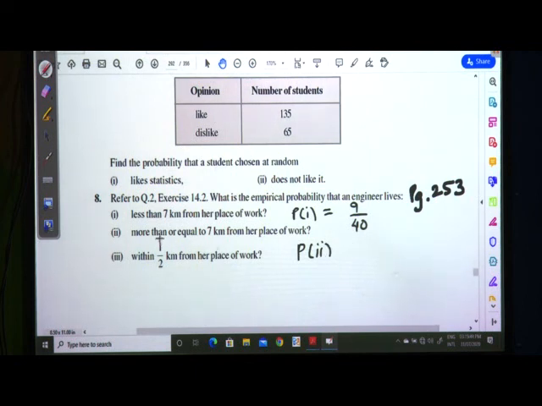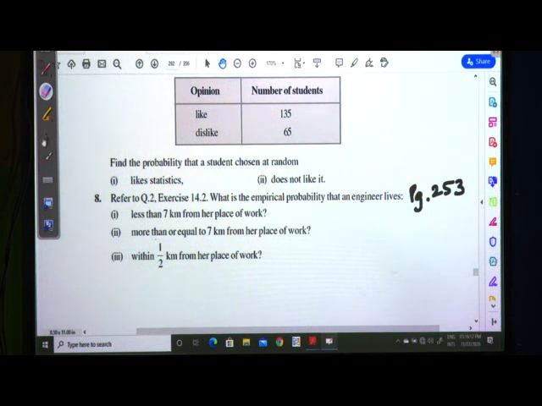The second event, more than or equal to 7 km from her place of work, is 31 upon 40. And within half kilometer from workplace, nobody is there, so it is 0, an impossible event. I hope you have understood this clearly. I have solved it in detail.